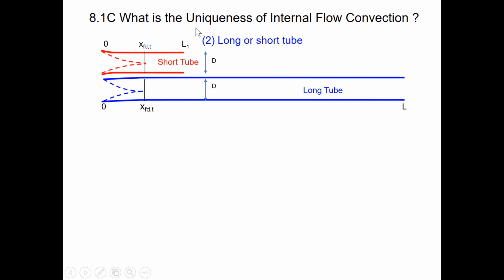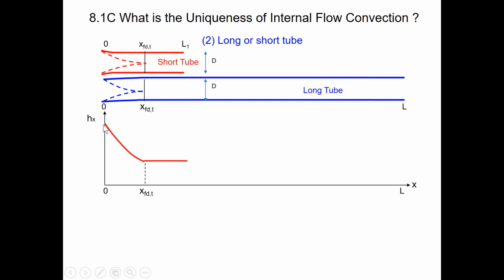The second unique feature is that the tube can be long or short. This is a short tube with length L1 and a diameter D. This is a long tube with diameter D and length L. Both have the same entrance lengths.